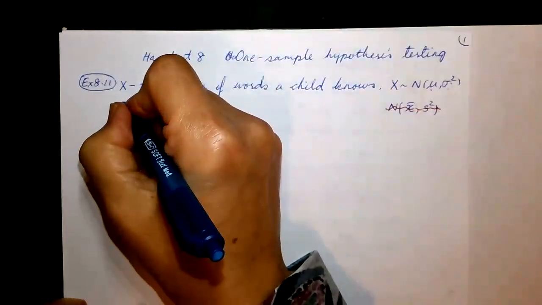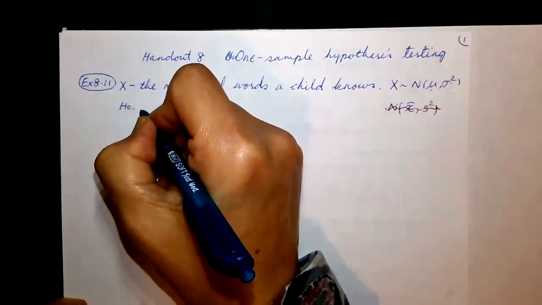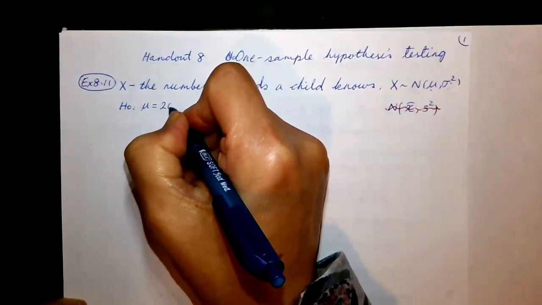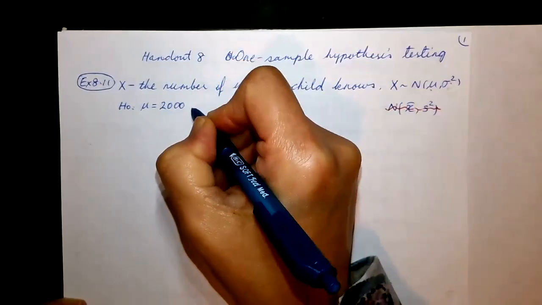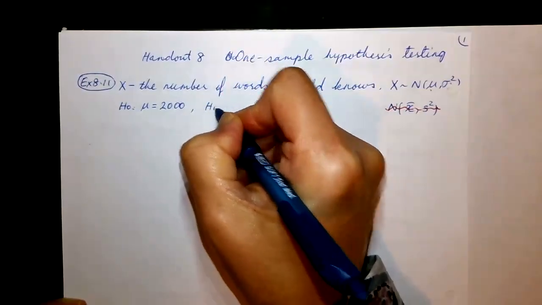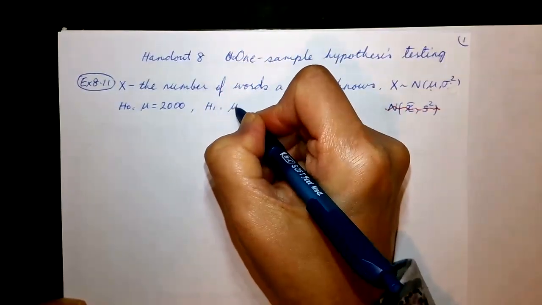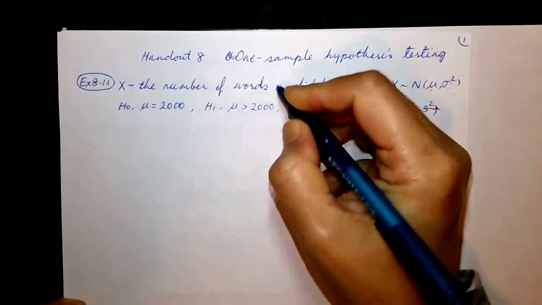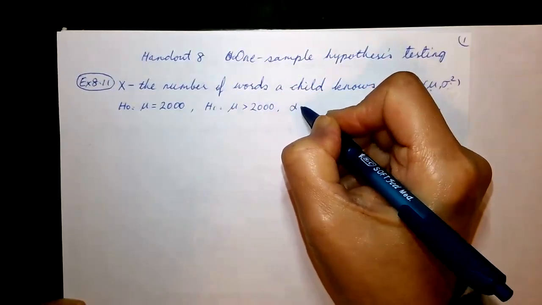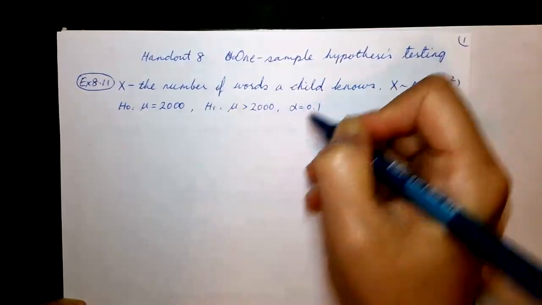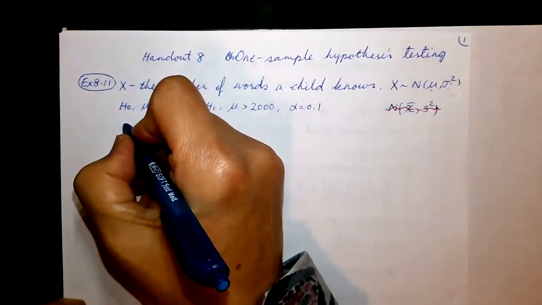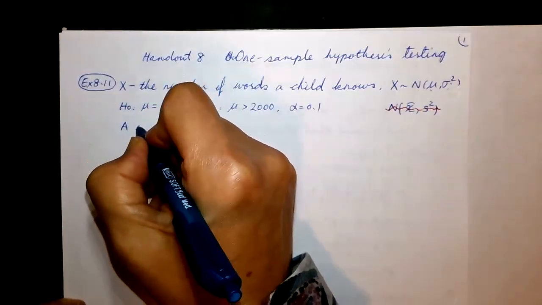Now the test is on how many words a child should know on average. The pair of hypotheses are always given to you for this course. We don't ask you to choose which to write where. Significance level 0.1. A random sample of 5 kids.